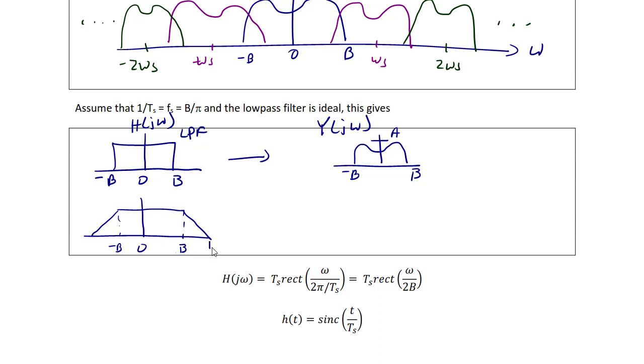So we would also have here omega s minus B, and here negative omega s plus B. And this would be our pass band edge. And this would be our stop band edge.